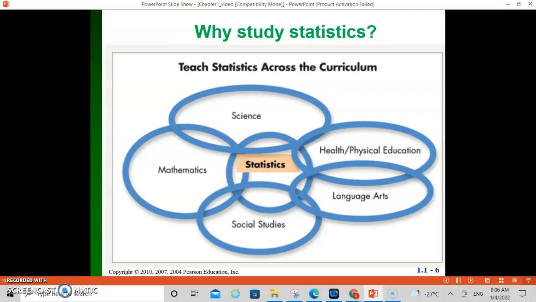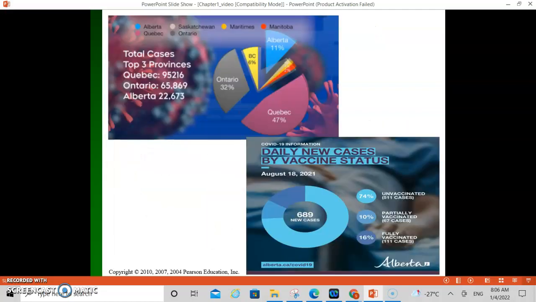So here's an example. Statistics is involved in all the sectors: science, math, social studies, language arts, and even physical education or health. Everything is involved or incorporated with statistics. Here are some examples from last year and this year using statistics.